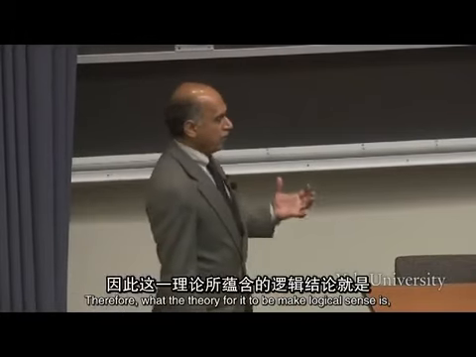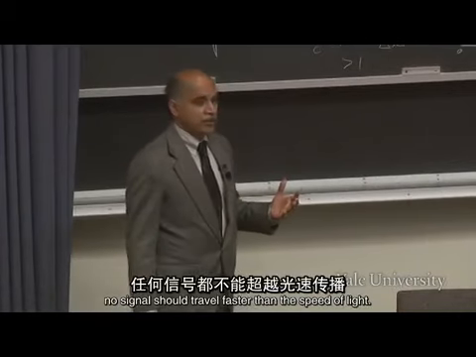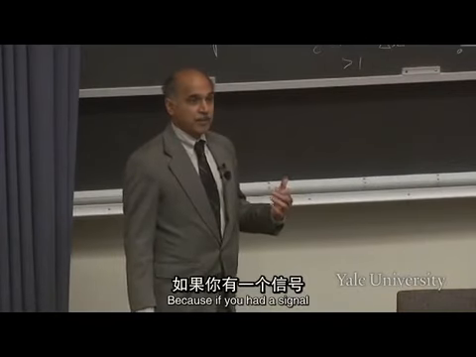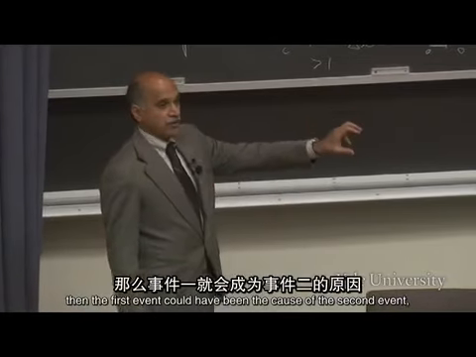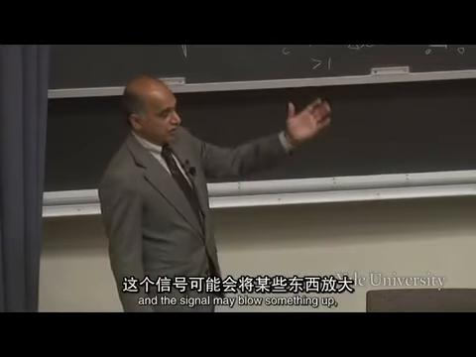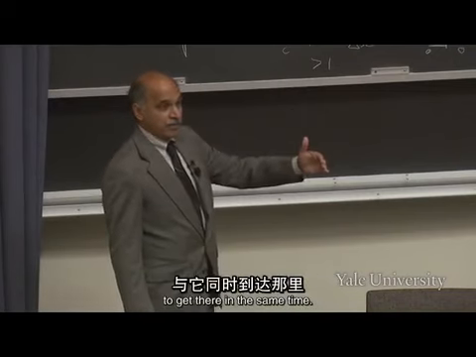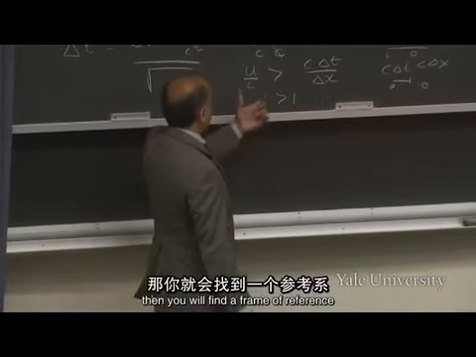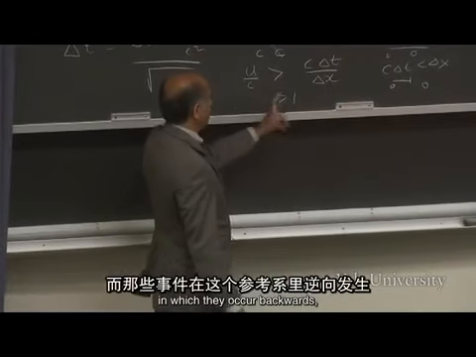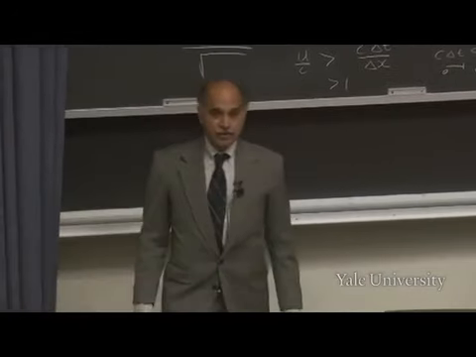Therefore, for the theory to make logical sense, no signal can travel faster than the speed of light. Because if you had a signal that can travel faster than the speed of light, then the first event could have been the cause of the second event, because you send the signal and the signal may blow something up, but there is not enough time for light to get there in the same time. But if you allowed such things, then you will find a frame of reference with a perfectly sensible velocity in which they occur backwards, and cause and effect would have been reversed.